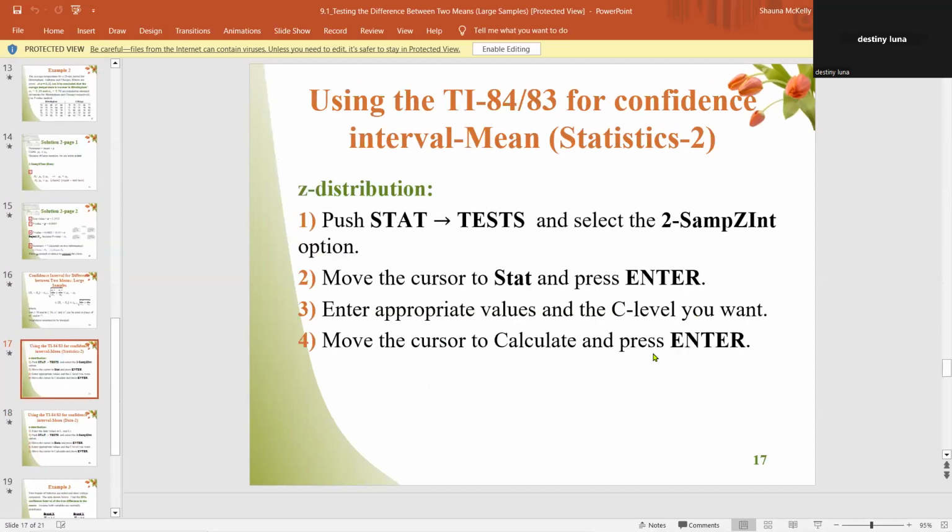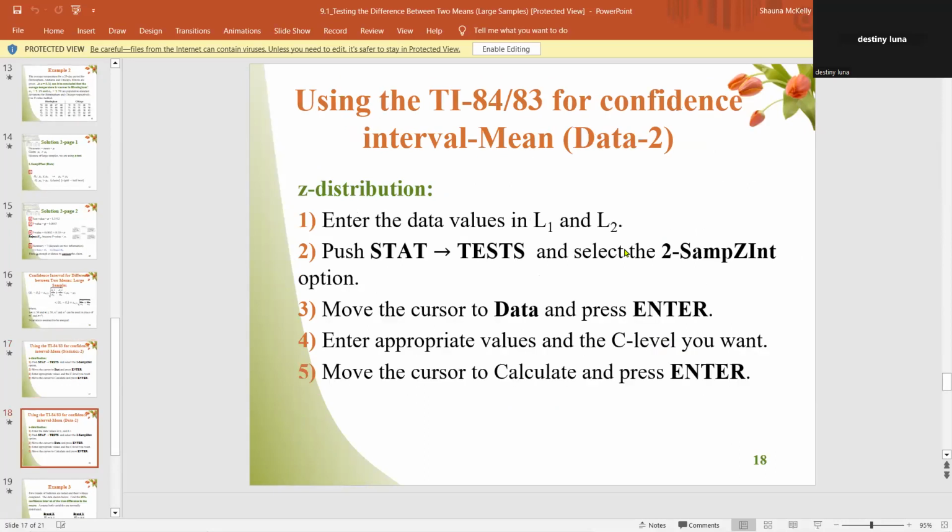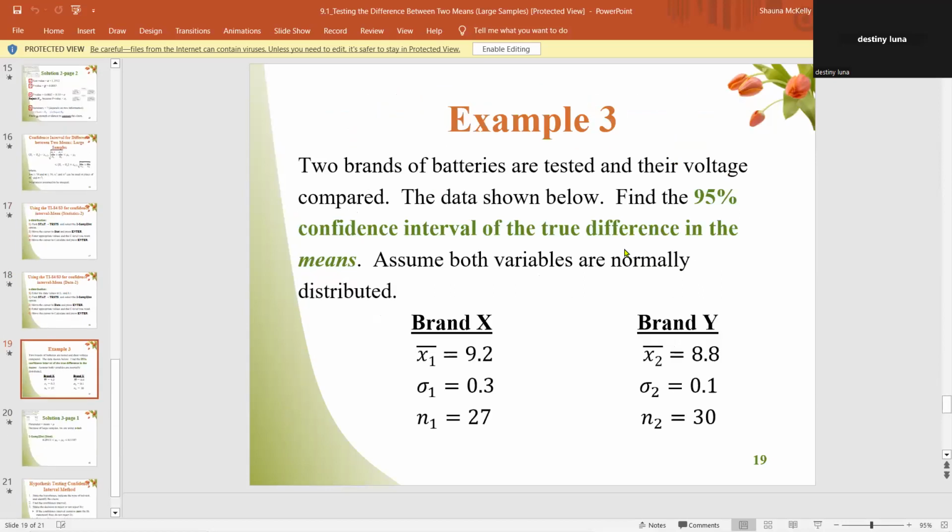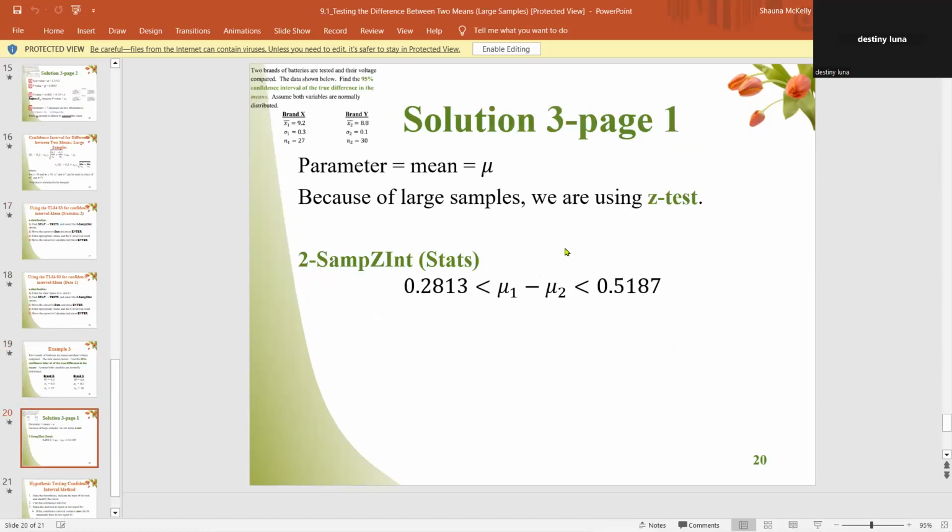You're looking at slide 17, okay? So stats test 2 sample Z interval, I'm gonna show you that. And then, so she gives you the interval. What she wants is for you to write what the parameter is, what the test is, and then the type of interval, and then you just write it out.